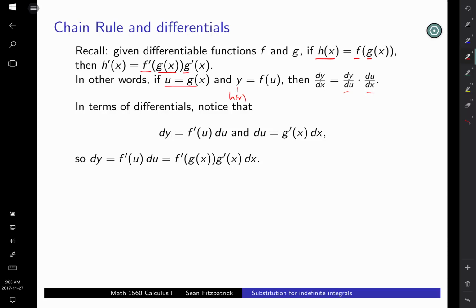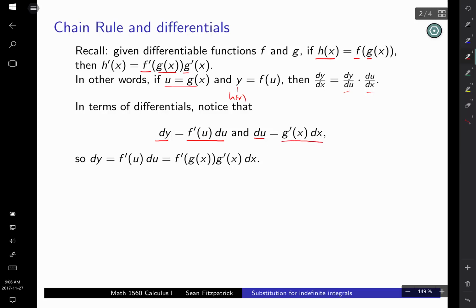You could also think of this in terms of differentials. If we drop the dx's here, then in terms of differentials dy is f prime of u times du. What is du? Du is g prime of x times dx.